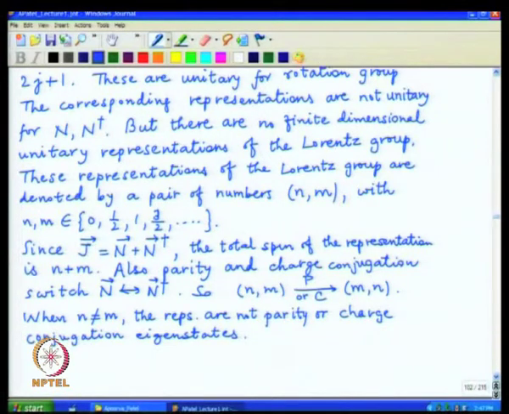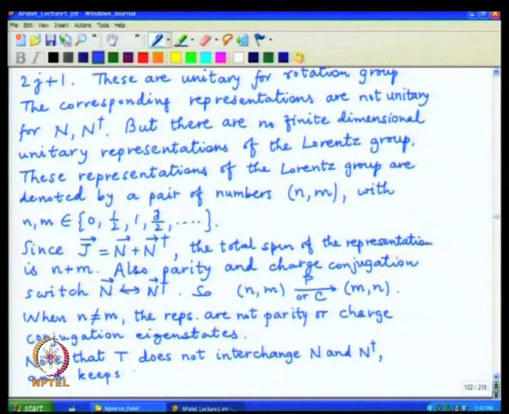Note that the time reversal operation does not interchange N and N-Dagger and keeps the helicities the same.